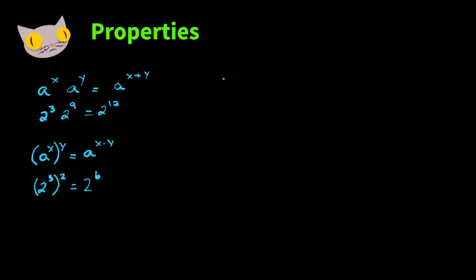Now, what if we had two different numbers? We have a times b, and then their product would be raised to the x power. This can be simplified as a to the x power times b to the x power. So we can just distribute that exponent to each of these terms. So if we had 2 times 3, and that was raised to the 2nd power, this would be equal to 2 to the 2nd power times 3 to the 2nd power.